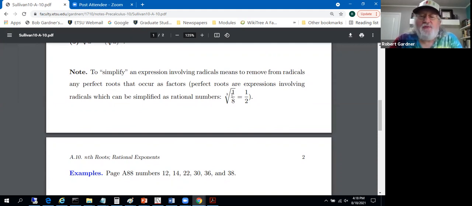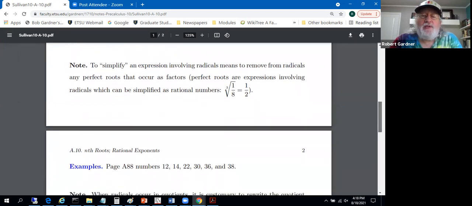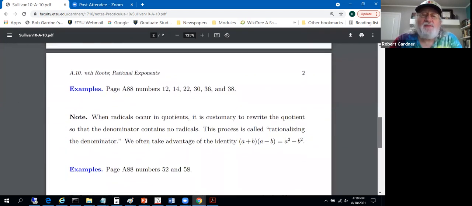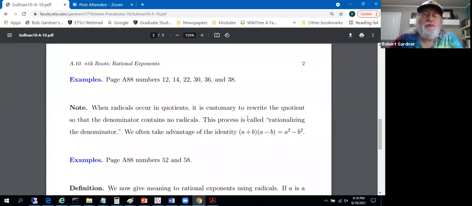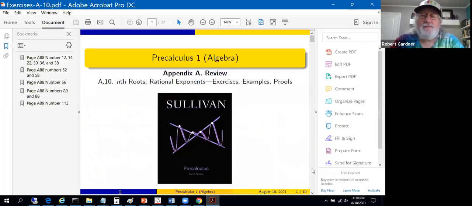So simplification involves things like that. We can deal with properties of exponents, which still largely hold, and subtract exponents when we have a quotient, add exponents with a common base when we have a product.